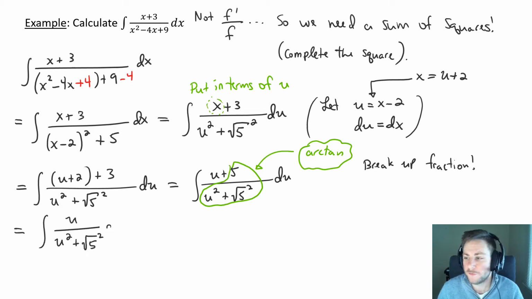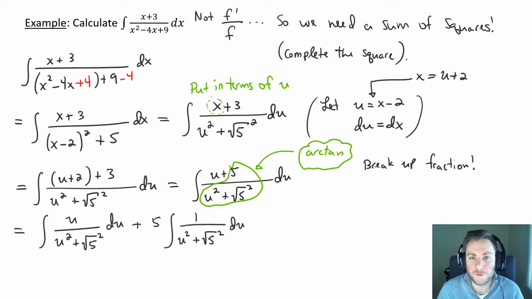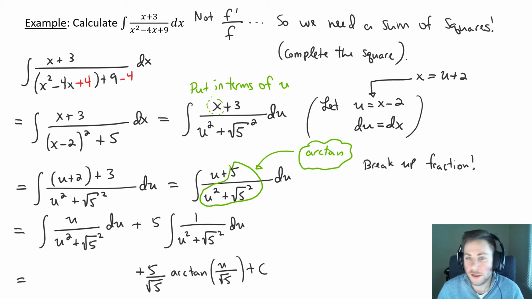Our first term would have a numerator of u, and our second term would have a numerator of 5. Notice I also pulled the constant 5 out front just for convenience. Our second term here now looks exactly like our arctan formula, where in this case a is the square root of 5. So we can state the antiderivative of that term and turn our attention to the first term.